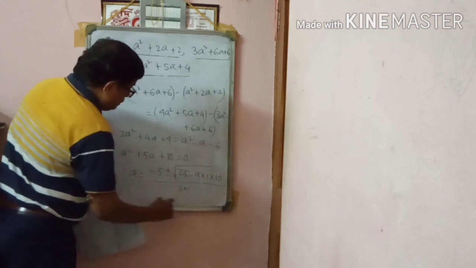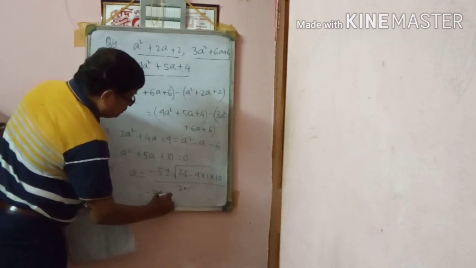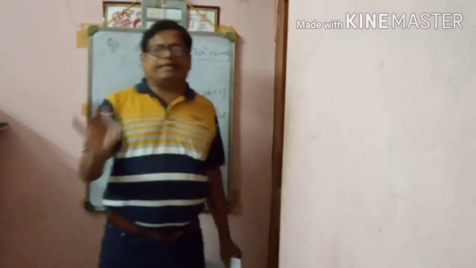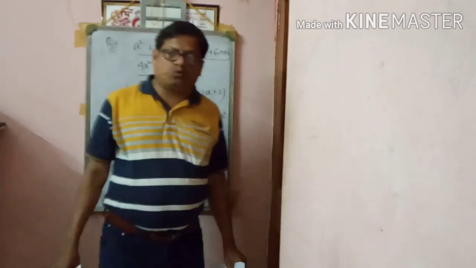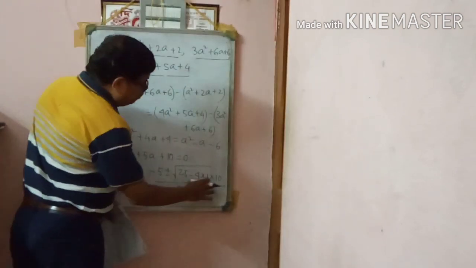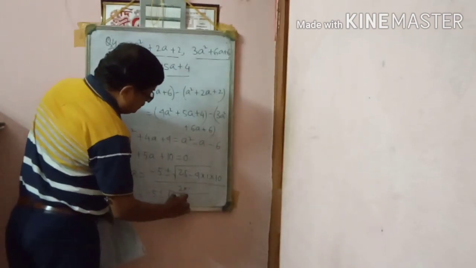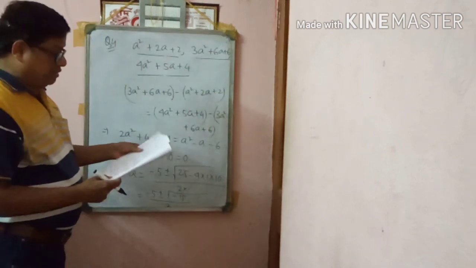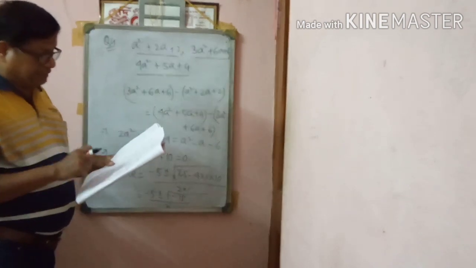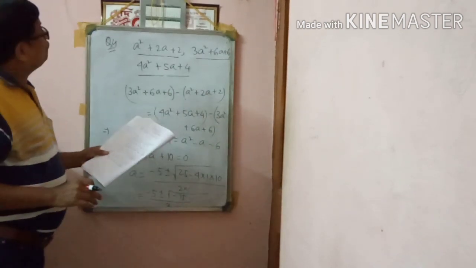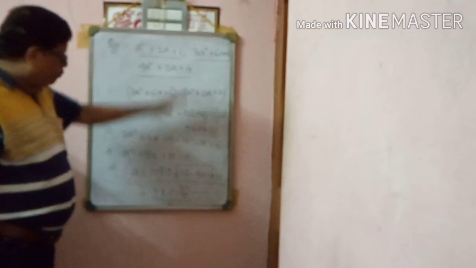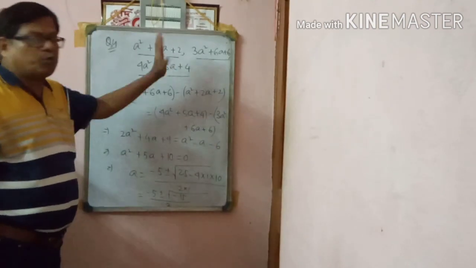So minus 5 plus minus root under, using the formula minus b plus minus root of b square minus 4ac by 2a. So here an imaginary quantity is coming, so here no real value is there. Most probably there is a mistake in the sum. So here a has no real value. This is the process.